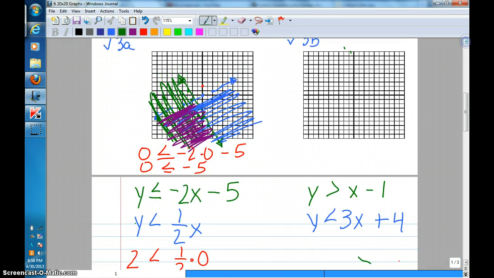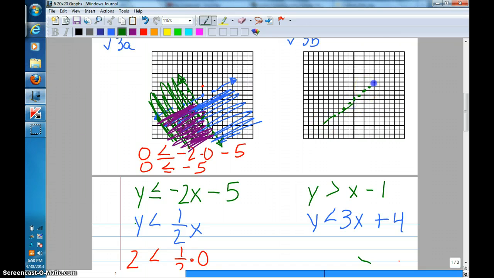So again, I'm going to walk through one more like that. These are already both in y equals mx plus b form. My y-intercept is negative 1 for this. My slope is up 1 over 1, or down 1. Decide if it is a solid or dotted line.